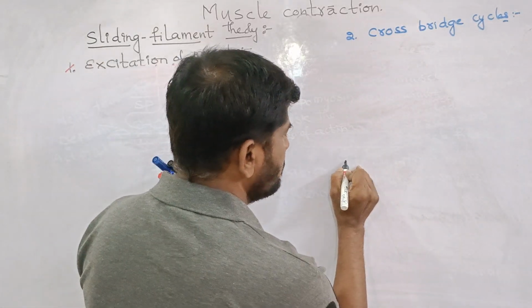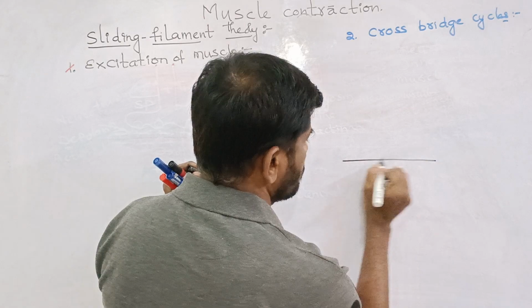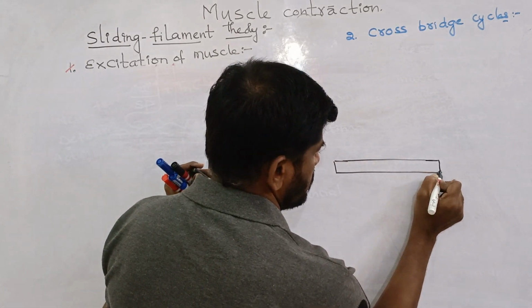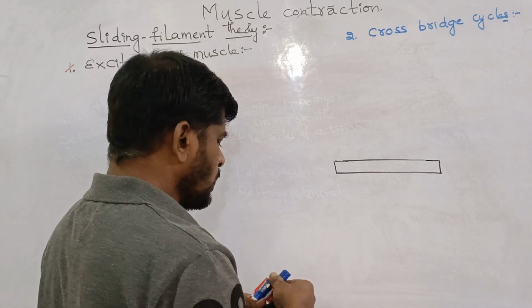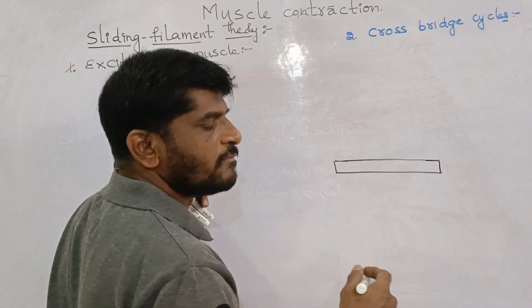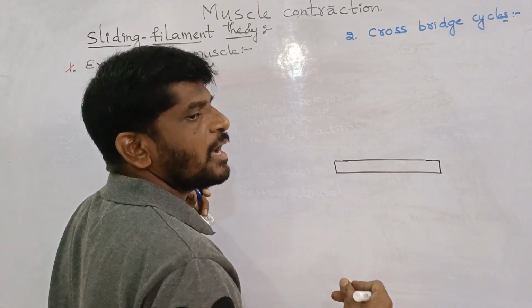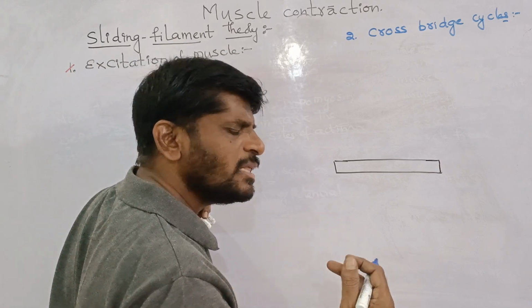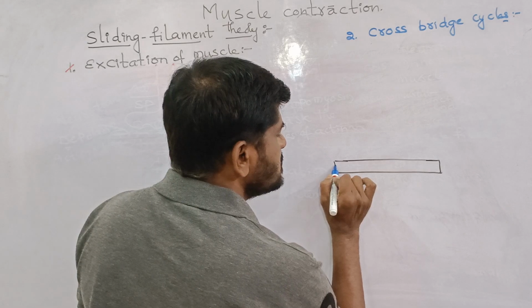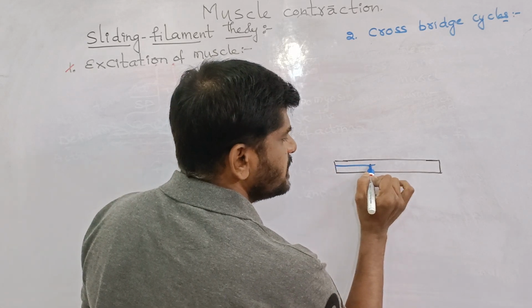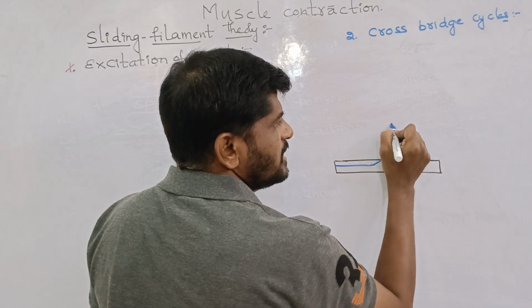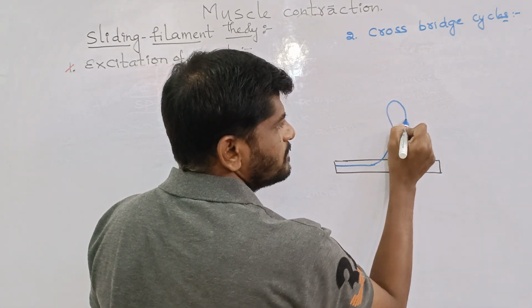This is the thick filament. I told you that one thick filament contains many myosins, and the myosin is a polymer where the monomers are called the meromyosins. This is the myosin tail, neck, and this is the head of the myosin.